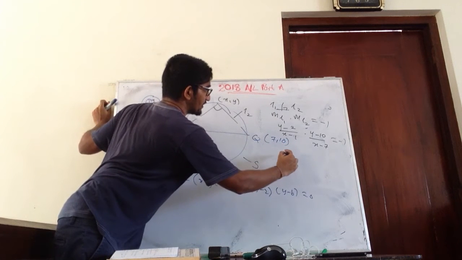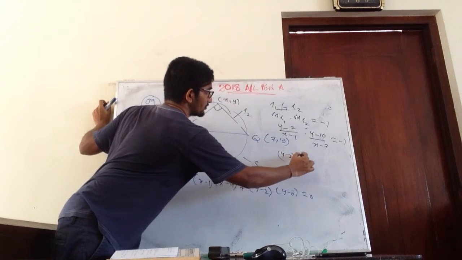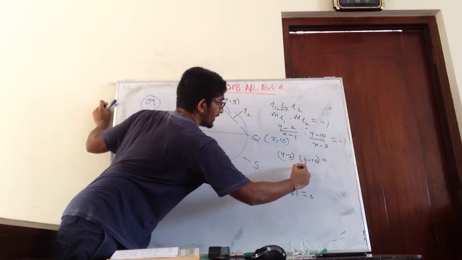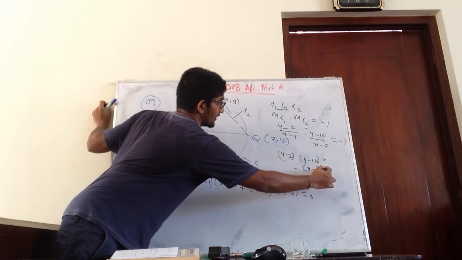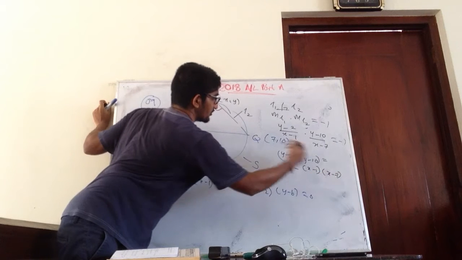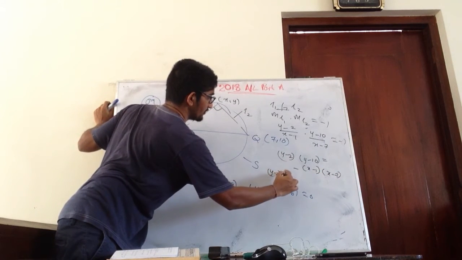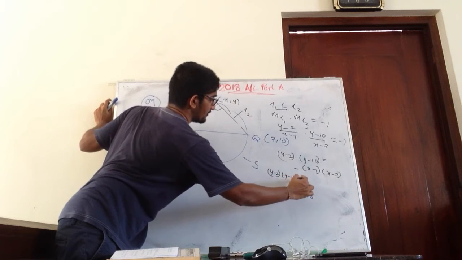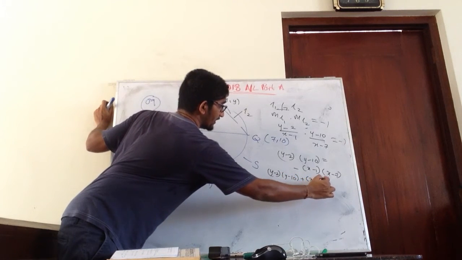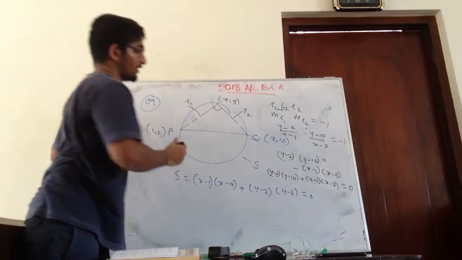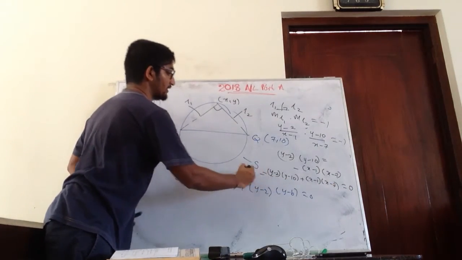So you will get y minus 2 y minus 10 equals minus x minus 1 x minus 7. So if I put the minus here, I will get y minus 2 y minus 10 plus x minus 1 x minus 7 equals 0. Right, so this is the equation of the circle.